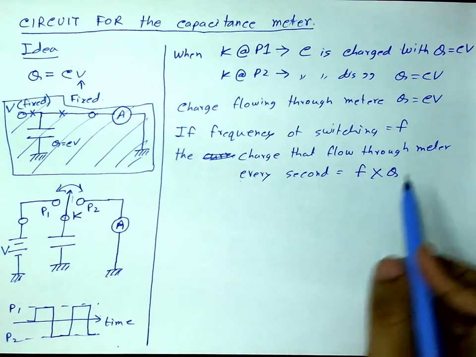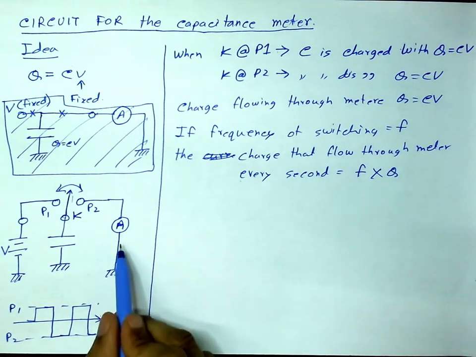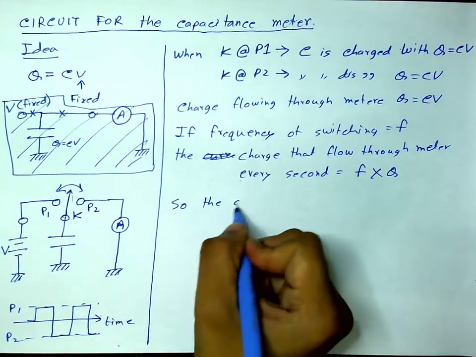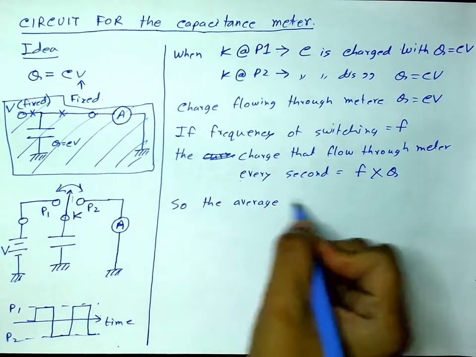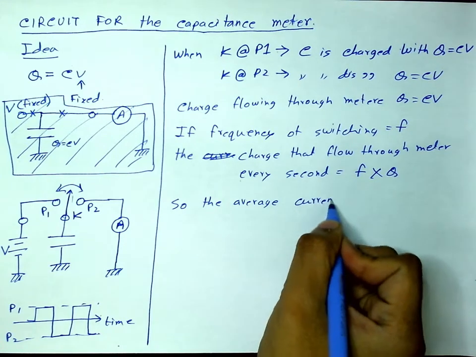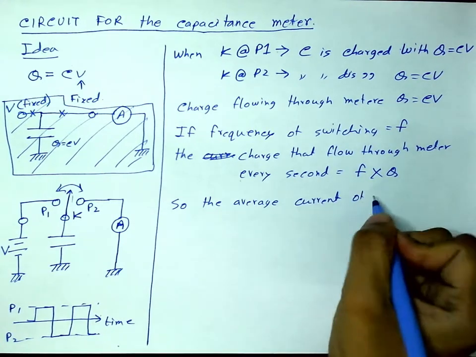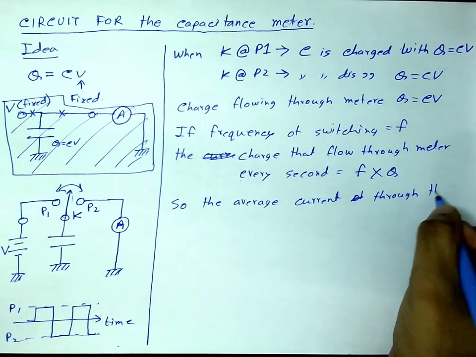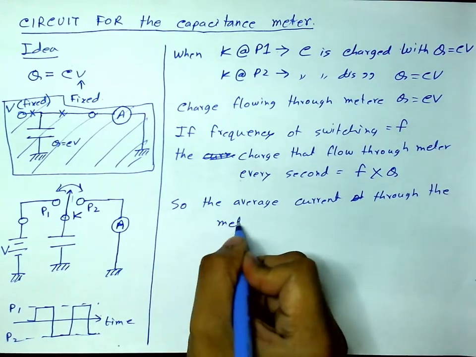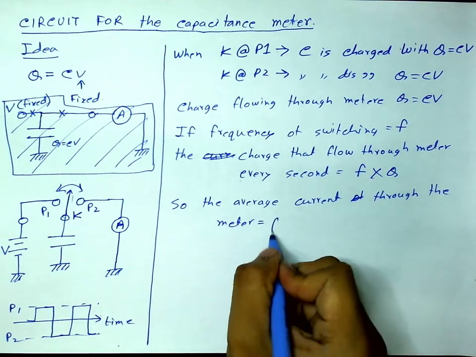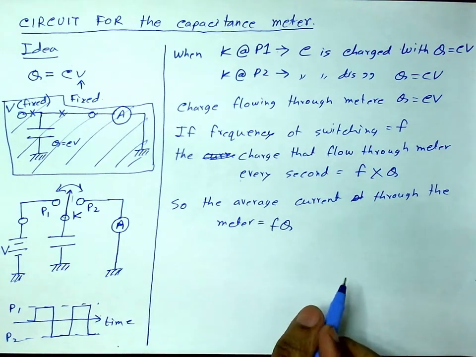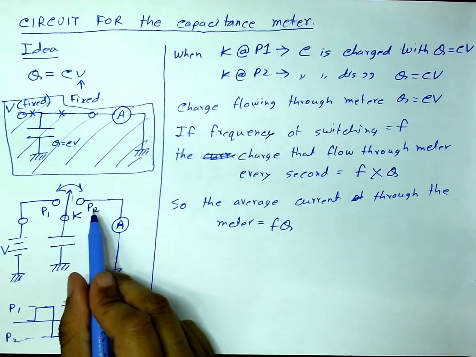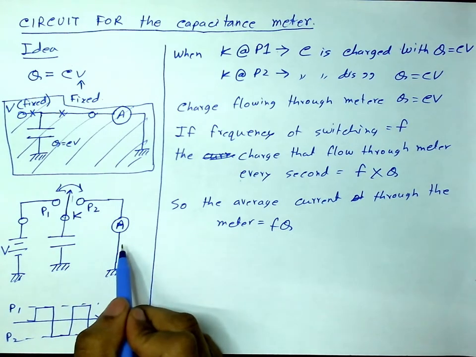So this will be the total amount of charge that discharges through this meter. So the average current through the meter is equal to F times Q. This is the average amount of charge that passes every second through the meter.